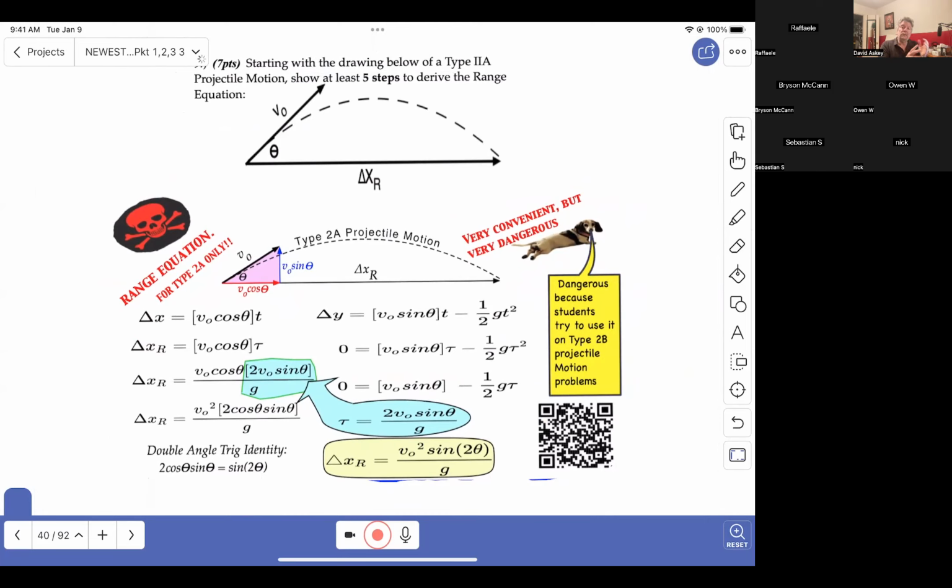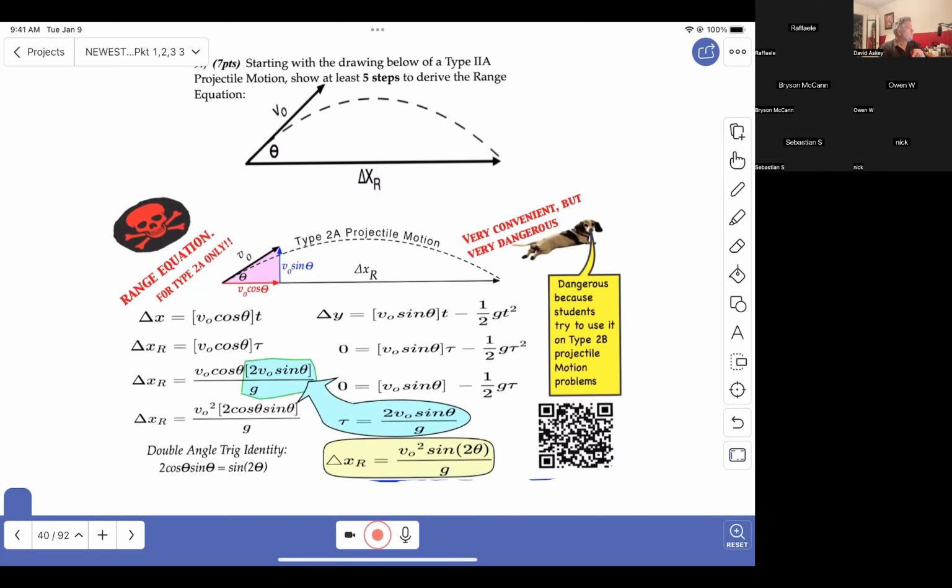Well, we substituted in tau for 2 v naught sine theta over g. Those kinds of questions. I might ask you, what is the double angle formula in trig? Very important formula, but you have this on a reference sheet if you know where to look.